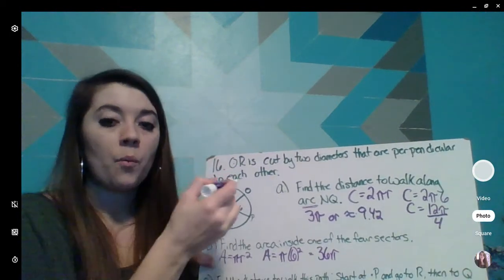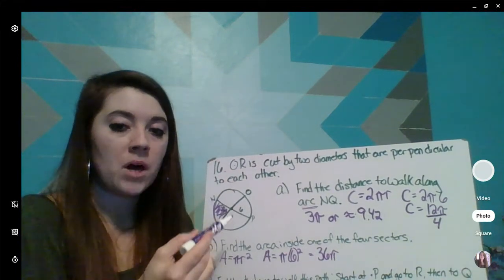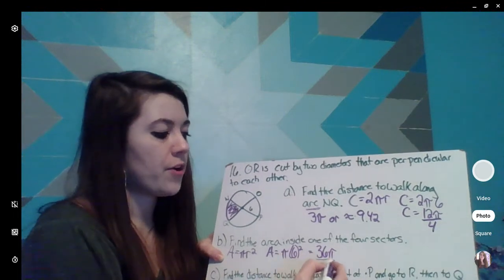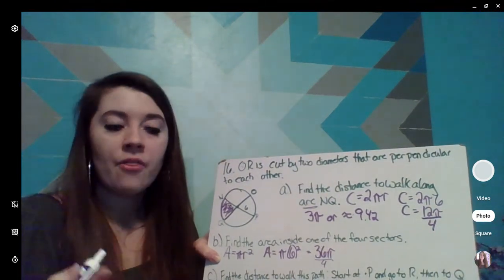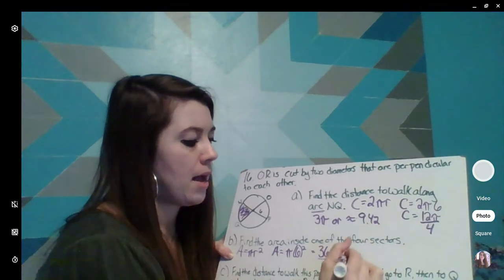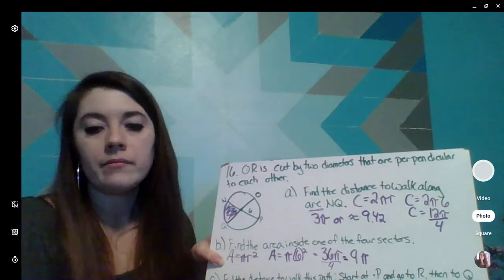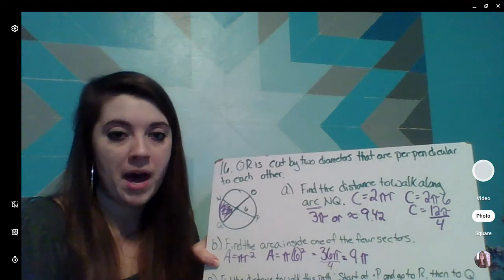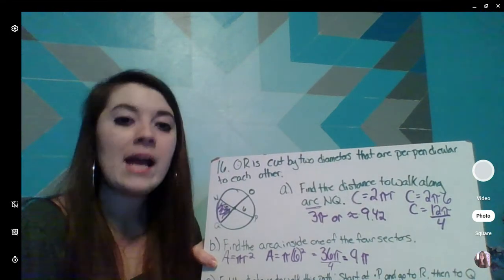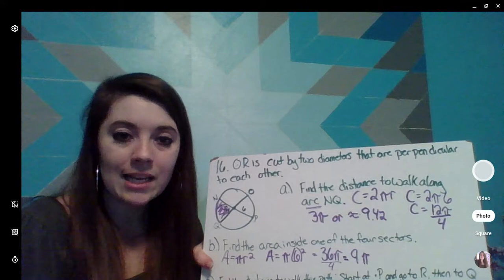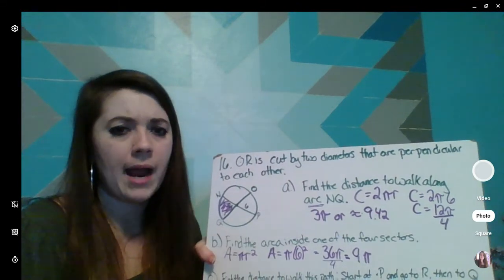Once again, we have 4 parts in this circle, so it's divided into fourths. So we're going to divide 36 by 4. 36 divided by 4 is 9 pi. So 9 pi is our answer on that one, and we can leave it in terms of pi. Remember, leaving it in terms of pi is a good idea. It makes things easier, and it's an exact answer rather than rounding, and we don't like to round.